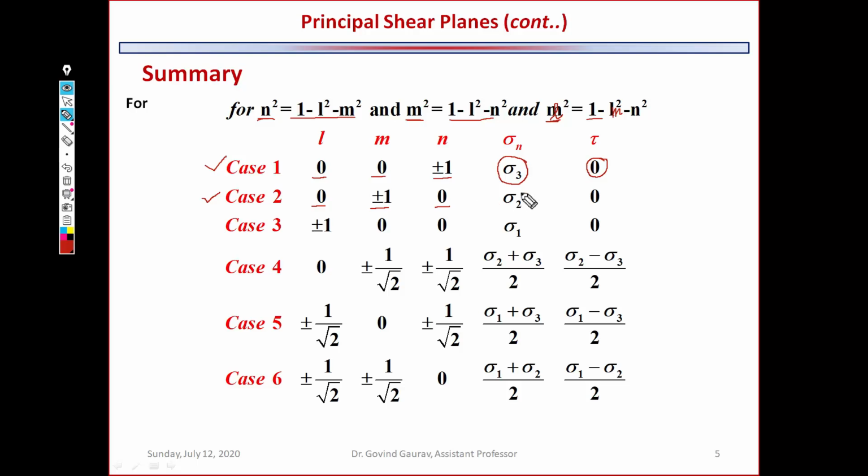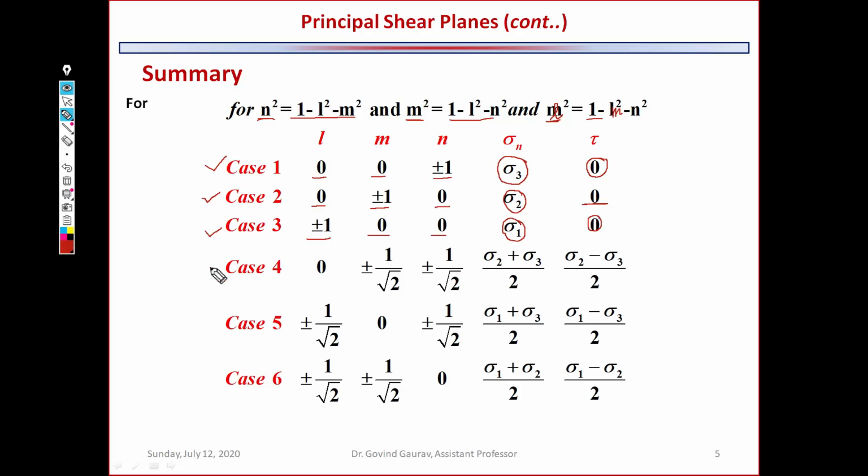In such a case, the maximum value of the normal stress would be sigma 2, and no shearing stress would act on that plane. The case 3 would be when L is equal to plus minus 1, m is equal to 0 and n is equal to 0. In such a case, the maximum value of the normal stress would be sigma 1, and no shearing stress would act on that particular plane.